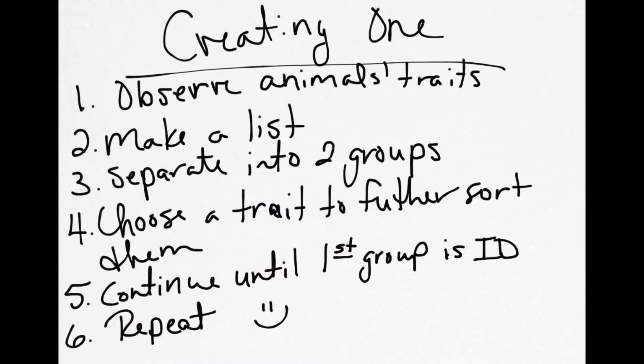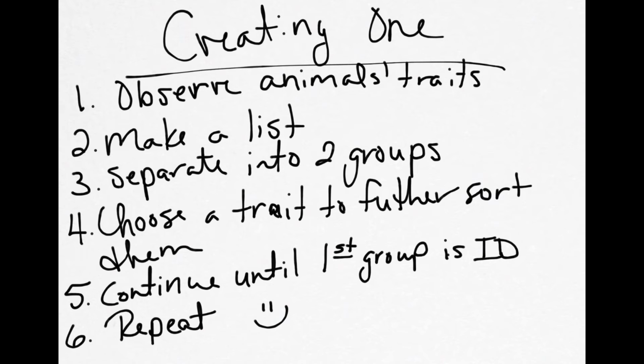Then, for those animals that have wings, what trait could we use to further sort them into another group? In said group, I have feathers, no feathers. So I have my feather group and I have my no feather group. So you see what I'm doing? I'm taking a trait, separating them into two groups, focusing on one specific trait, and then again sorting them out.